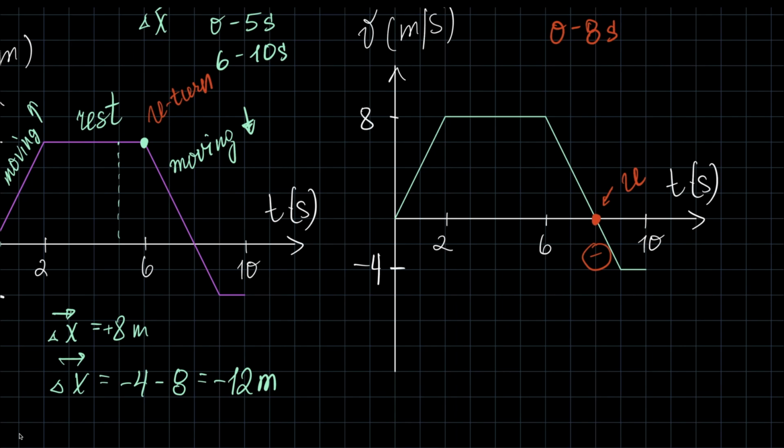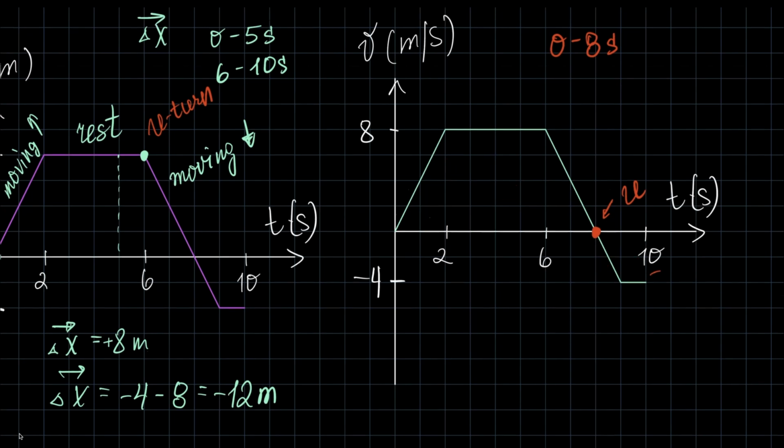So that means all of this is positive displacement, and anything right here is negative displacement. So we moved backwards. But the fact that the area under the graph means displacement is still valid. Only here you will have positive displacement, and here you will have a negative displacement. Returning to the question, what is my displacement between 0 and 5? That's 5 right here.